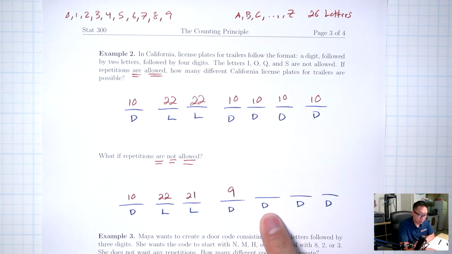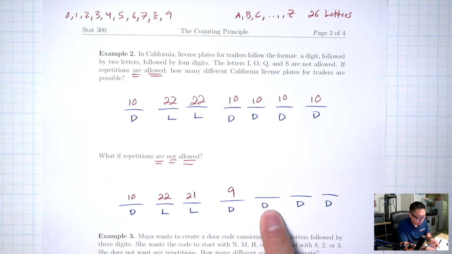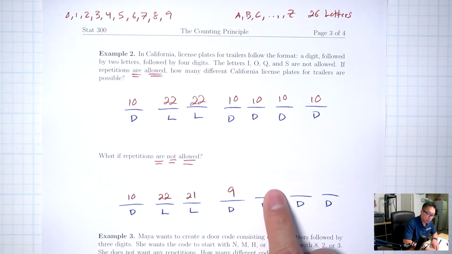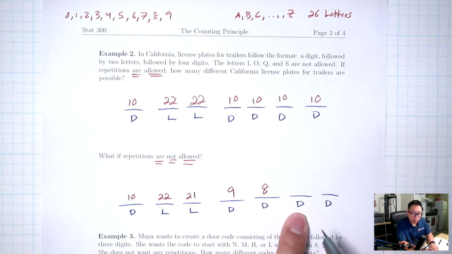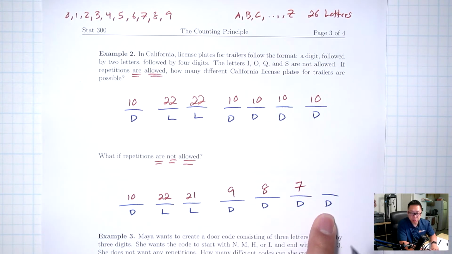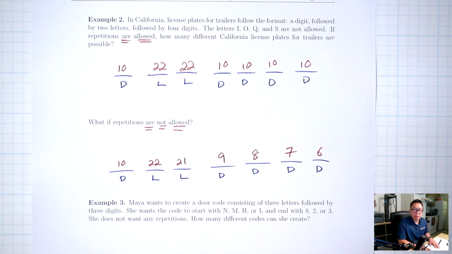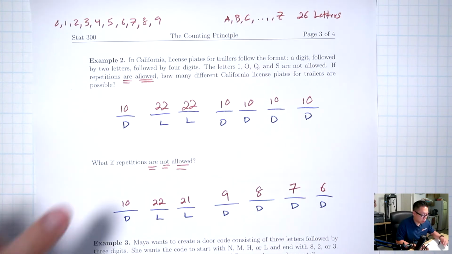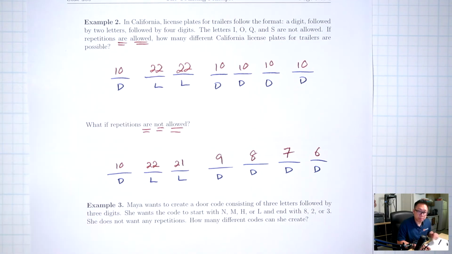Next one, normally I would have the full 10, but I actually used 2 digits already, so I'm down by 2 to 8. Next one, I'm down again to 7, and then next time I use a digit, I'm down again to 6. So pay attention to whether repetitions are allowed or not allowed.